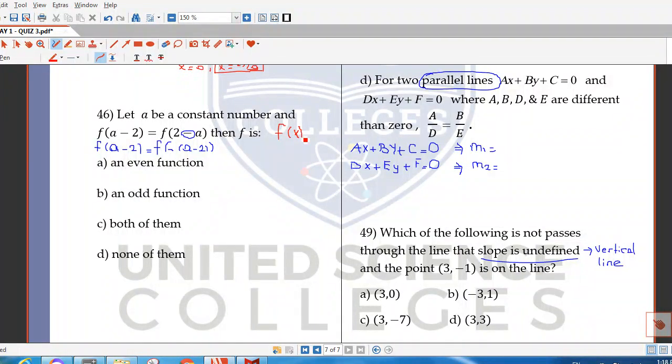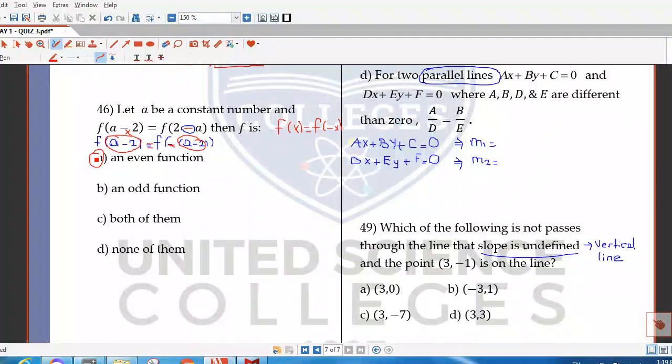If you take the minus outside in the second part, you are going to get a minus 2. So I am in the case of f of x is equal to f of negative x. So it is the property of an even function.